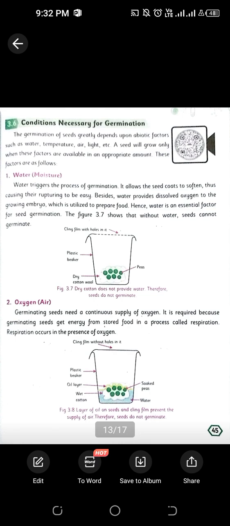The more water there is, the more the seed will be softened and it will easily rupture and break down, and the new plant will easily grow. Oxygen and air: germination of seeds needs a continuous supply of oxygen, as the germinating seeds get energy from the stored food, and this process is known as respiration. Respiration occurs in the presence of oxygen.